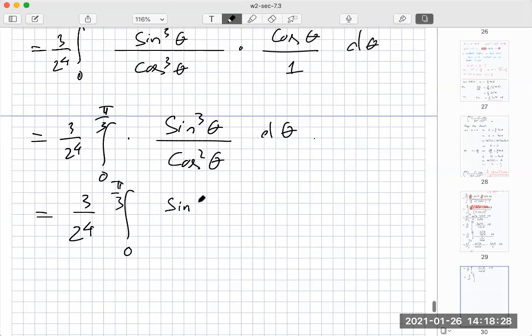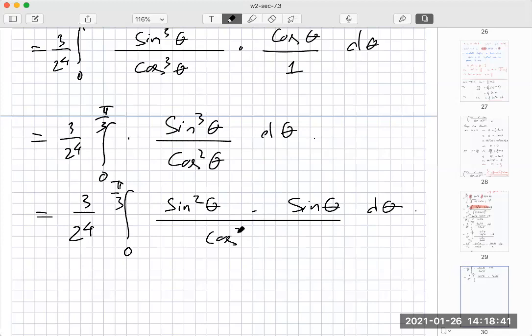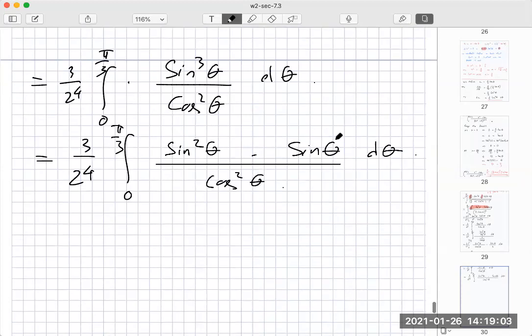It will be sine squared theta, right? Now it goes back to sine and cosine.